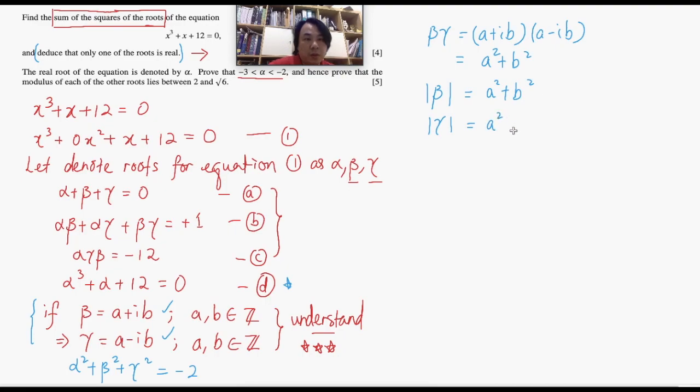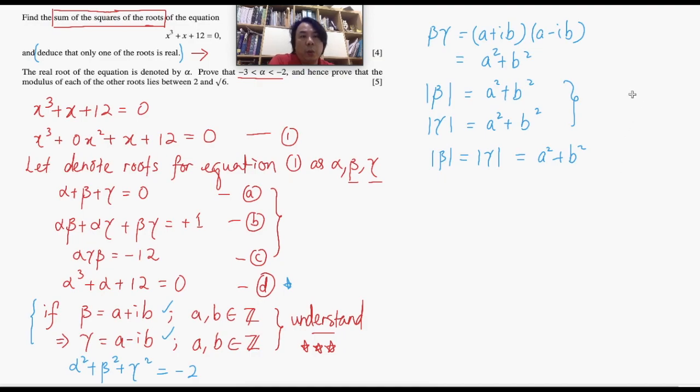So we have a squared plus b squared also. Even though there's a negative there, this is a square, so you should have a positive. So from here we can say that since they are complex conjugates, both of these magnitudes must be the same. Must be the same as a squared plus b squared. That's pretty obvious from here.